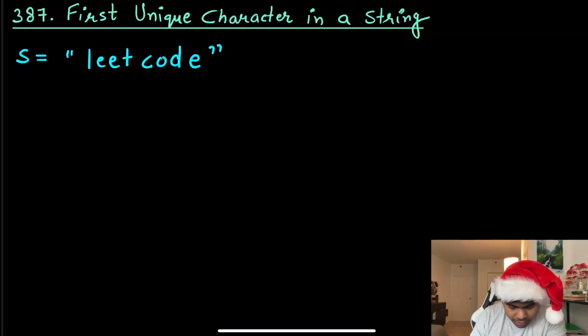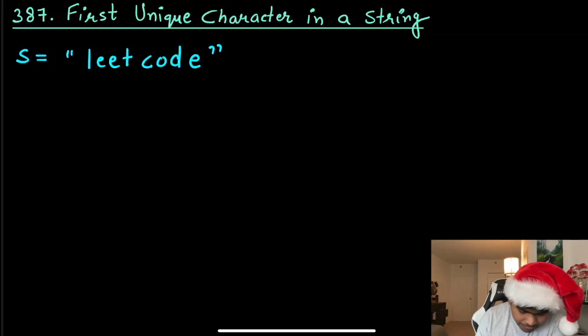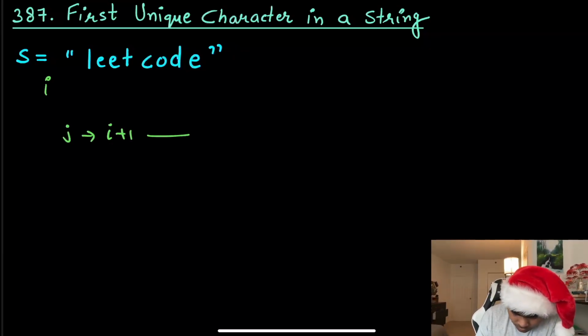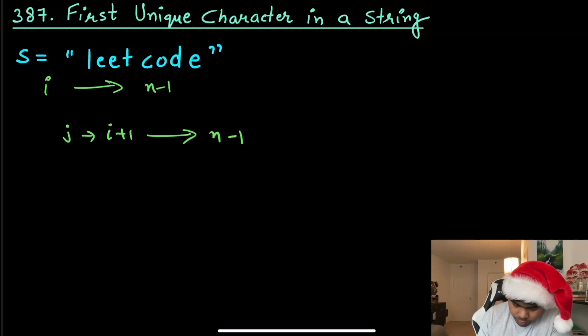So in this particular example, if we want to solve it a very naive way, a brute force way, I will use a for loop, let's say i, and I will iterate over all the indexes, and then j will iterate from i plus 1 to n. So i goes from 0 to n minus 1, and j goes from i plus 1 to n minus 1.